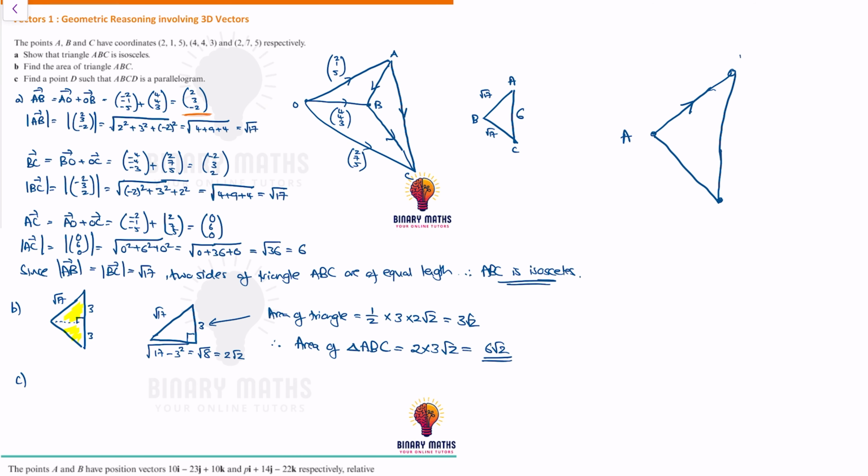So from A to B, we have the vector (2, 3, -2). And we know B to C is the vector (-2, 3, 2). So B to C is -2.